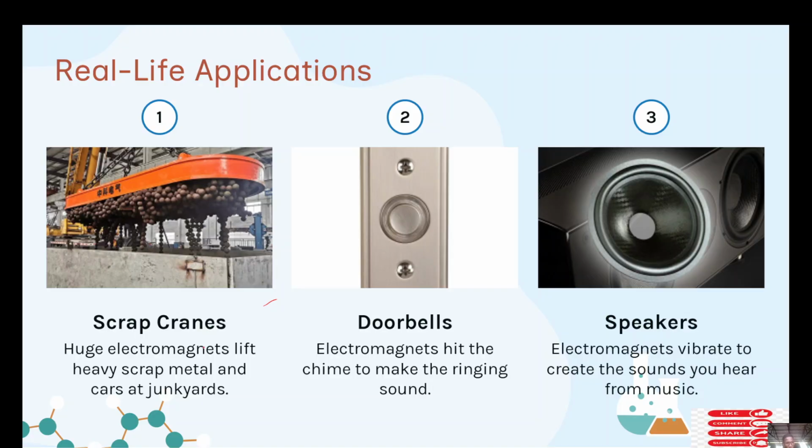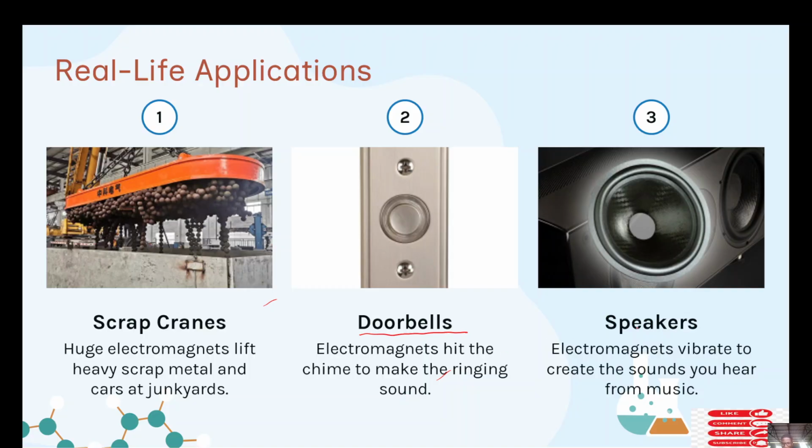These scrap cranes usually use electromagnets to help carry these heavy scrap metals. And then we usually use it in our homes, on our doorbells. The electromagnet hits the chime to make the ringing sound. So anytime you press on it, the electromagnet mechanism is used to hit the chime of the doorbell to make the ringing sound, for us to understand there's someone behind the door.